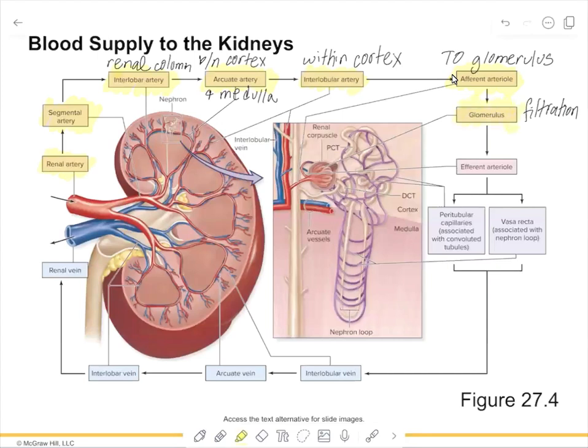So it goes to the glomerulus, then it leaves the glomerulus through the efferent arteriole. So the efferent arteriole is away from the glomerulus.